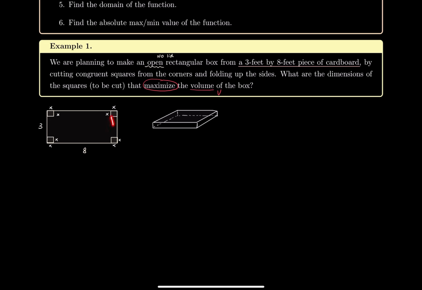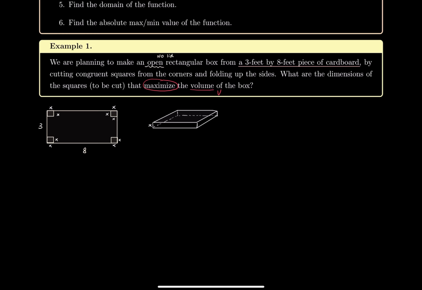I'm going to fold this part up. You need to fold this part up, this part up, and this part up as well. So that means the height of my box is going to be x, because this part is x.